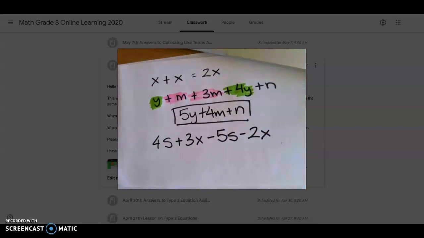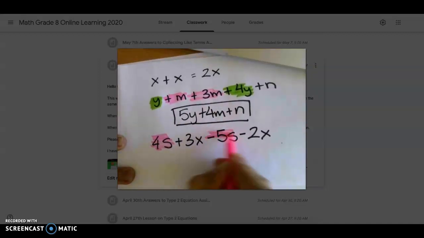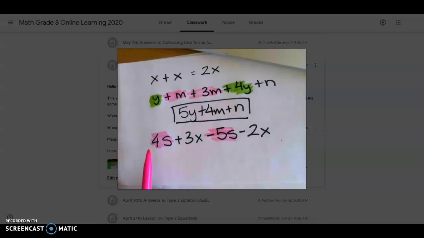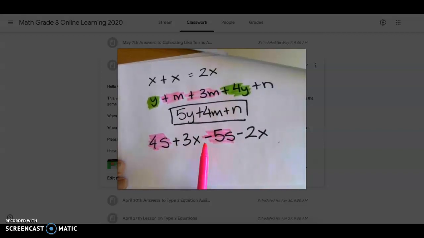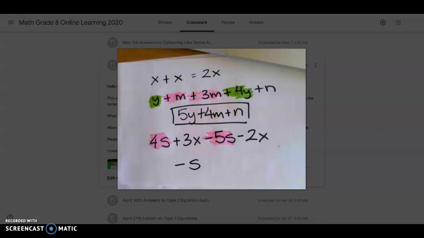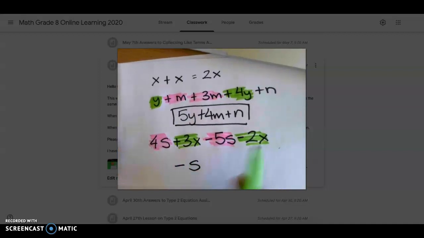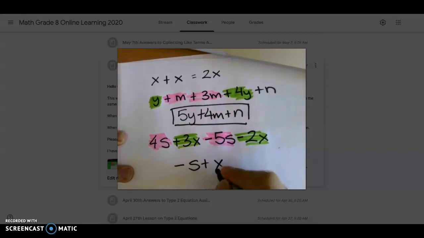Now we need to treat them like integers, so let's collect like terms. 4s minus 5s is not 1s, we need to remember integers, right? 4 minus 5 is actually negative s, or negative 1s. And then positive 3x minus 2x is actually positive x, because 3 minus 2 is 1.